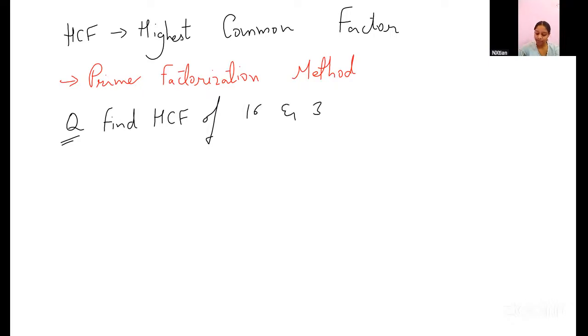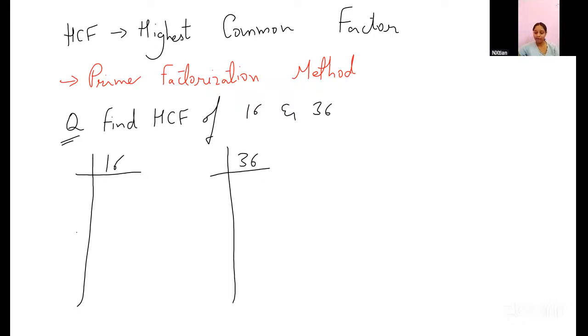Now with prime factorization, the first thing I'll do is take the prime factors of 16 and of 36. For 16, I'll start with 2. 2 8s are 16, 2 4s are 8, 2 2s are 4, and 2 1s are 2.